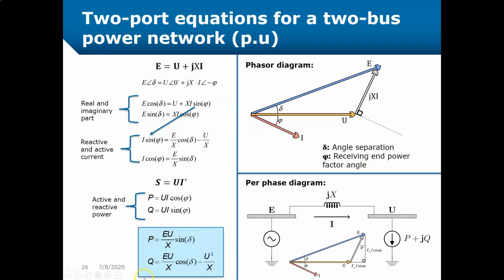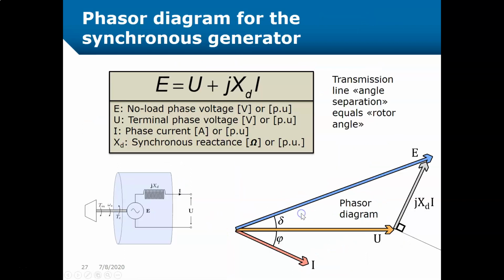This is very famous for the power and the reactive power for such a two-bus power network. And as you see from the generator, we had the same diagram, but now the only thing is that we have this synchronous reactance X_d representation, and the one important thing to say is the delta, where we have the transmission line angle separation, and it equals the rotor angle.